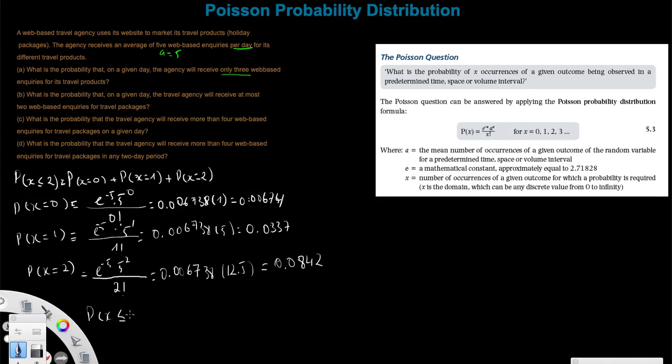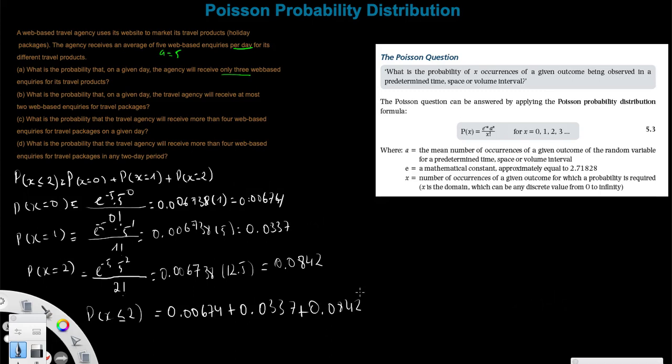The probability of x less than or equal to 2 will be 0.0674 plus 0.0337. I'll add that to 0.0842.